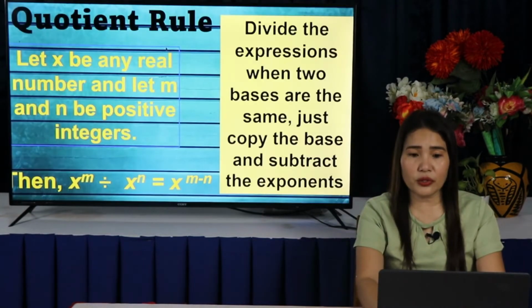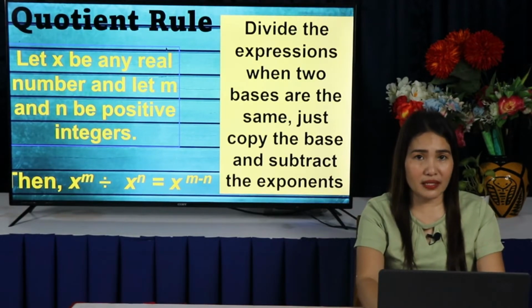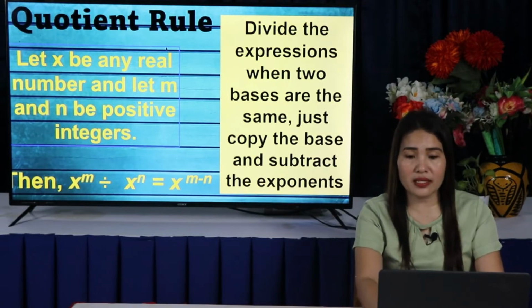Now let's proceed to the quotient rule. Let x be any real number and let m and n be positive integers. Then, x raised to m divided by x raised to n is equal to x raised to m minus n. Divide the expressions.